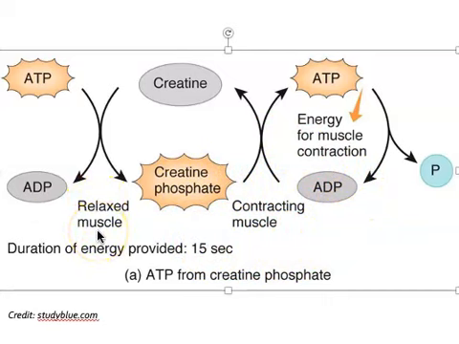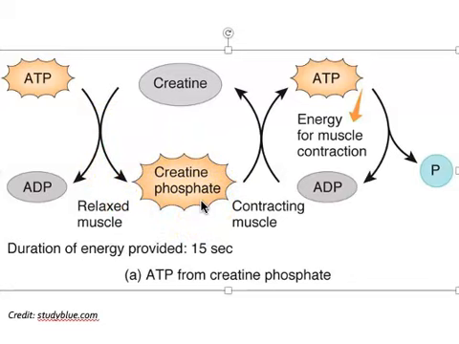It doesn't have a need for a lot of ATP right now. There's plenty of it around. It's just not using it in this current moment. So this ATP can be converted into ADP and a phosphate group. And the phosphate group can be given to this molecule, the creatine, creating creatine phosphate.